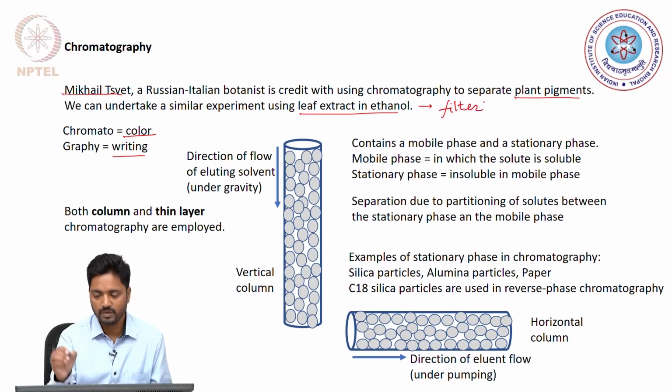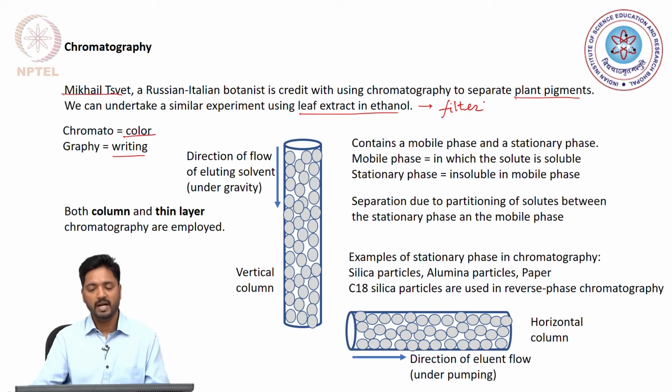So, filter paper is used and the leaf extract is chromatographed on this substrate, and this results in separation of the various pigments that are present in the leaf, and these can then be later isolated and characterized if there is a need of that.